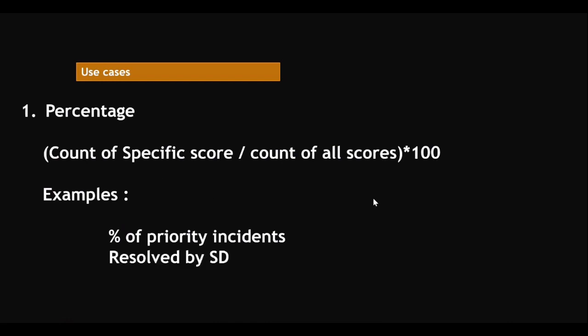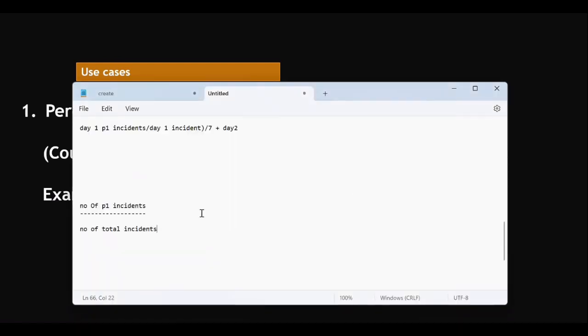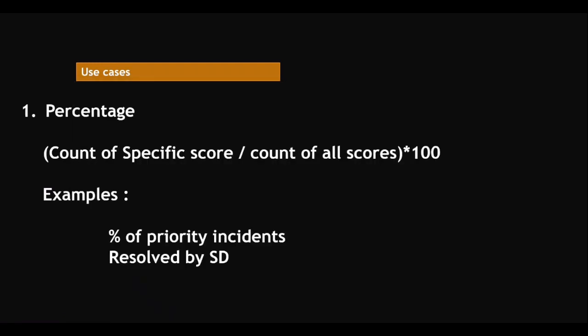And the second one is resolved by service desk: the percentage of tickets resolved by service desk. That is nothing but the number of service desk resolved incidents by the total number of resolved incidents. This is one example of percentage.